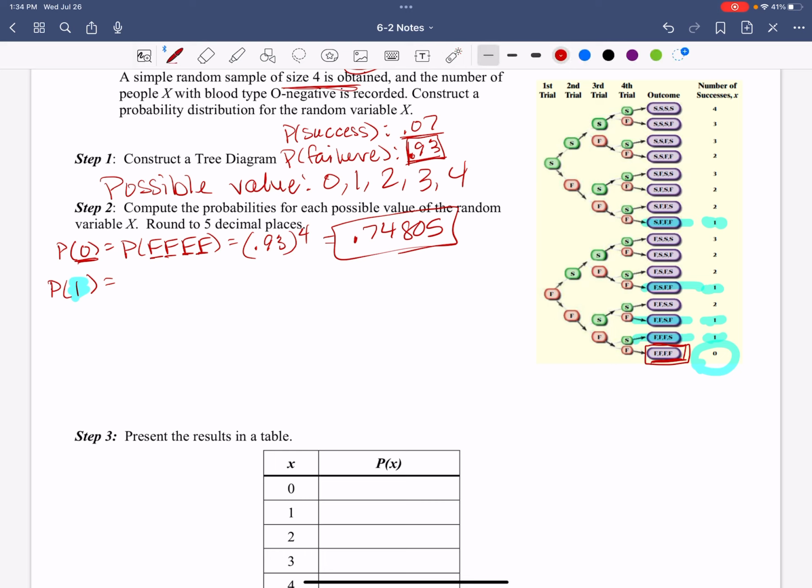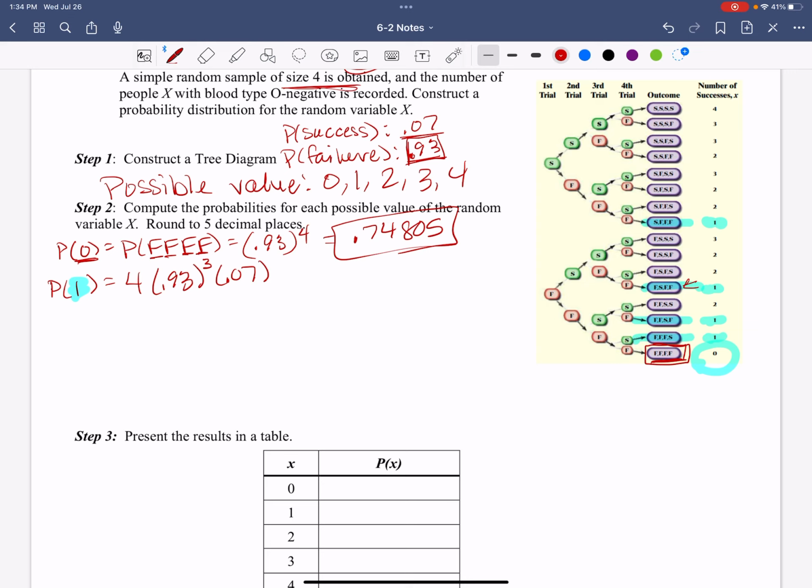Then I'm going to say 4 times I have 3 failures and 1 success. So 0.93 3 times and 0.07 1 time. We don't put an exponent of 1 just because we understand that to be the case. Do you see what just happened there?